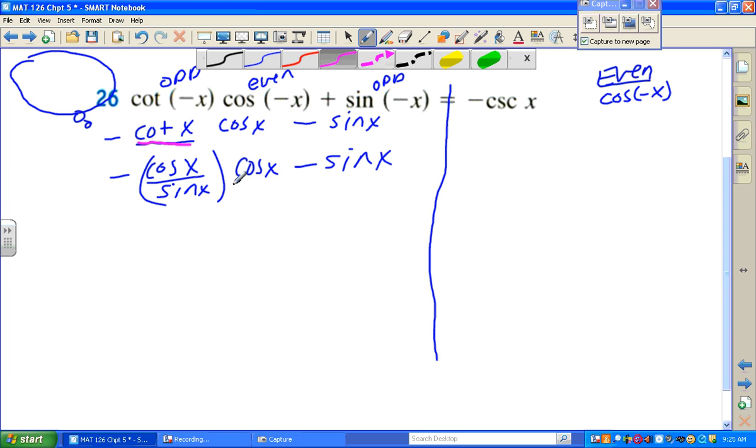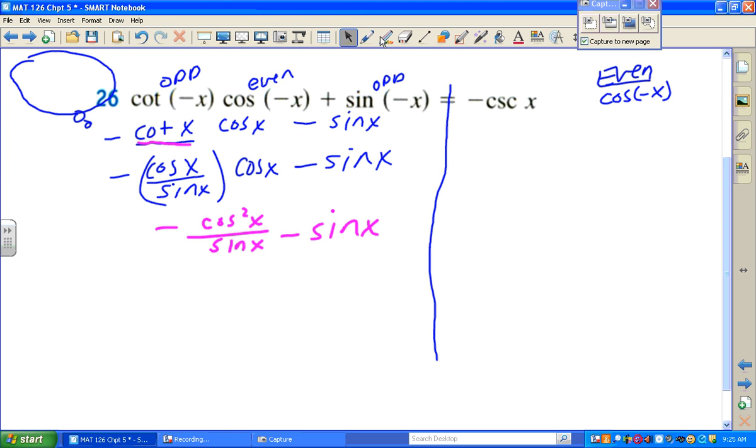What's it begging you to do right there? Factor. There's nothing to factor. Yeah, multiply. So you have negative cosine squared over sine minus sine. Now what's it asking you to do? Yeah, you got to subtract fractions. Think. Yeah.